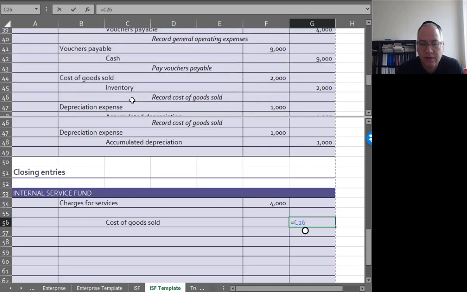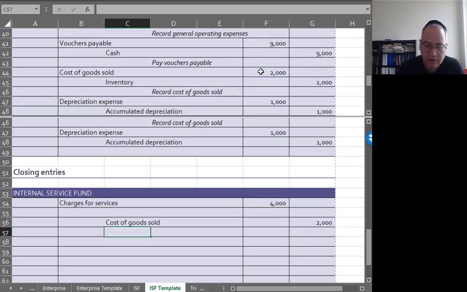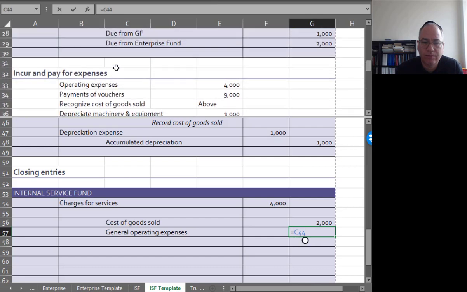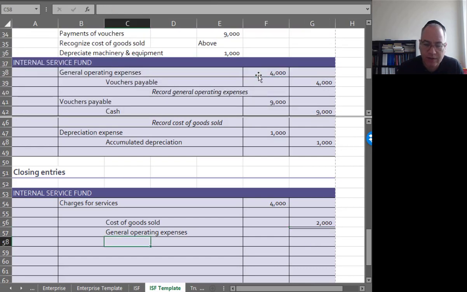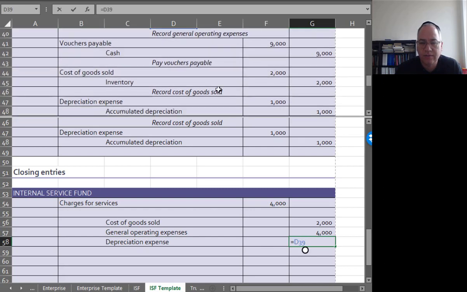Let's see. Here it is, $2,000. And I had general operating expenses equal to $4,000, and depreciation expense of 1,000. And the difference between these would go to profit and loss summary.